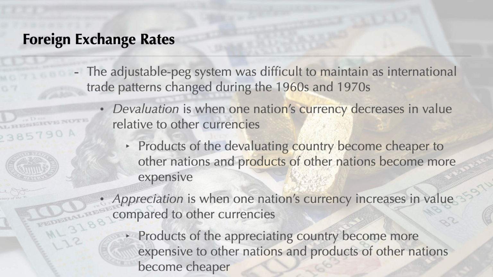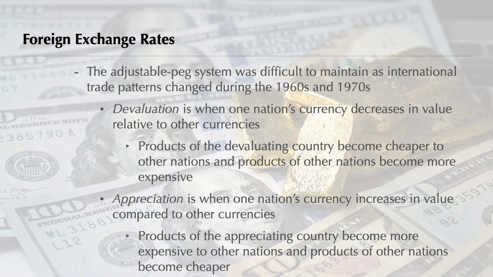When one nation's currency decreases in value relative to other currencies, devaluation or depreciation has occurred. When a nation's currency is devalued, its products become cheaper to other nations. At the same time, other nations' products become more expensive to buyers in the nation that has devalued its currency.